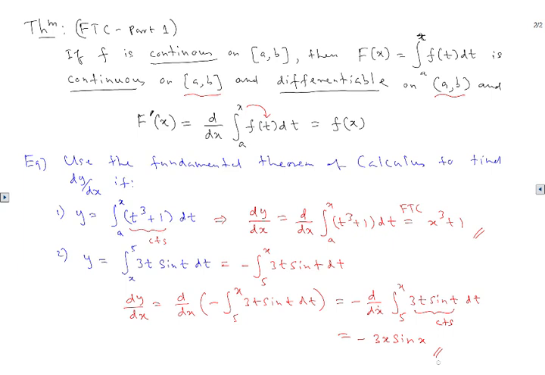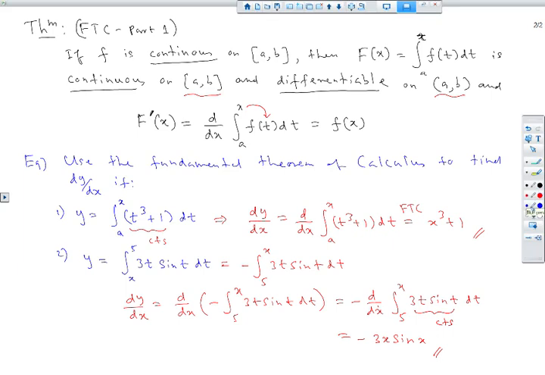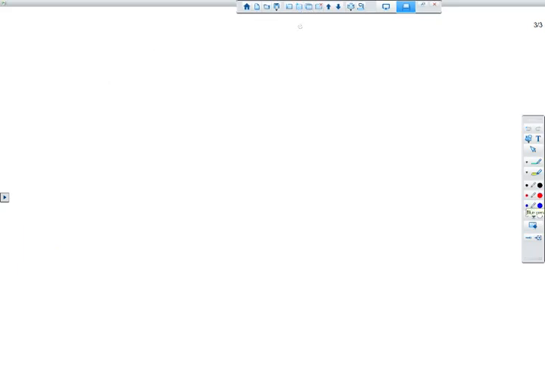Excellent. Okay, so let's do one other example. Number 3. How about this one? y equals the integral from something to x^2 of cosine t dt.